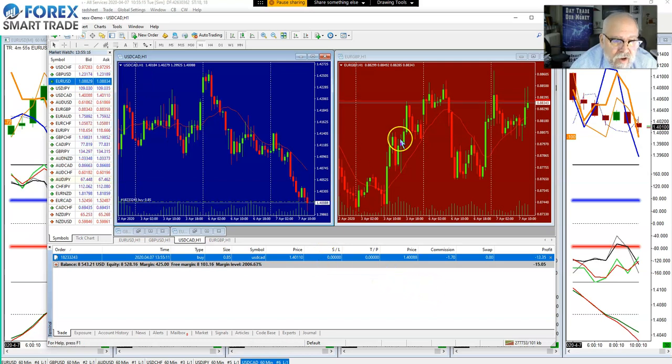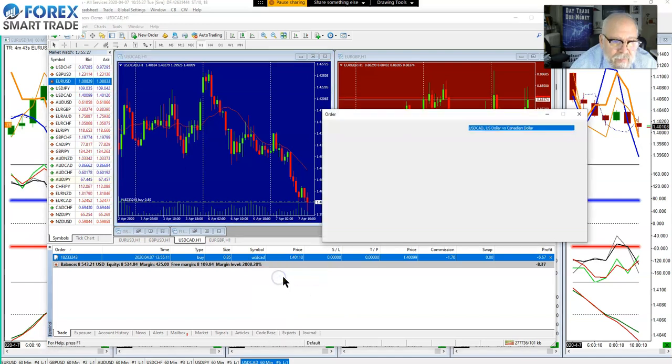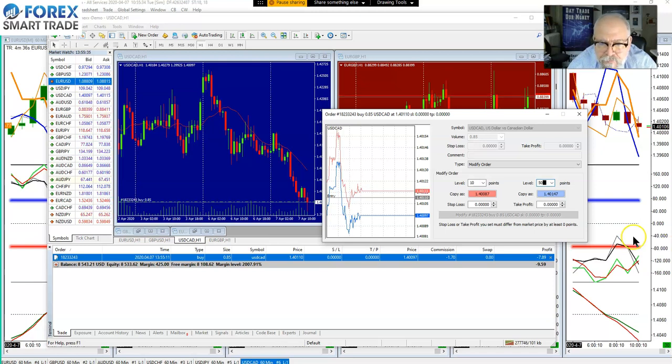Once the trade is recorded, it shows below the chart. I click anywhere along that line, right click, go to modify, and I can add in my stop loss and take profit. On this trade, it's good for 5 pips.